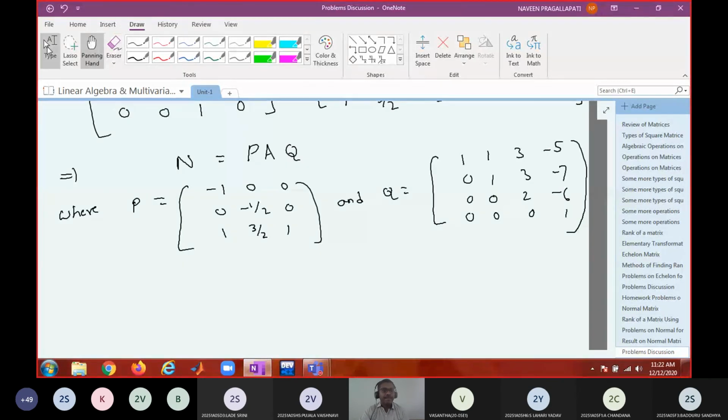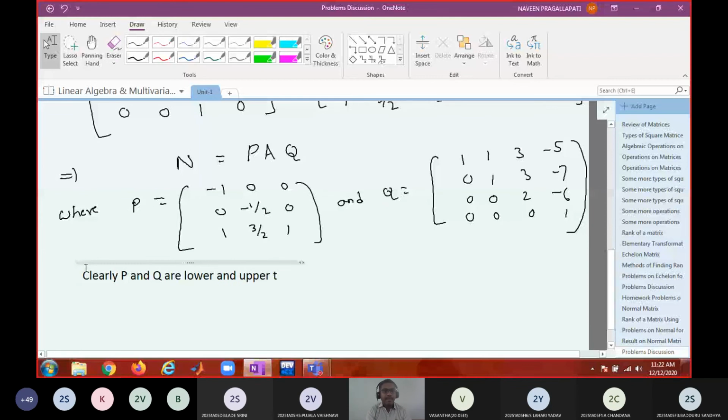Okay. So clearly, P and Q are lower and upper triangular matrices, in which all the diagonal entries are non-zero, and P and Q are non-singular matrices. Should we write that as a note, or should we write it for the sum only, sir?